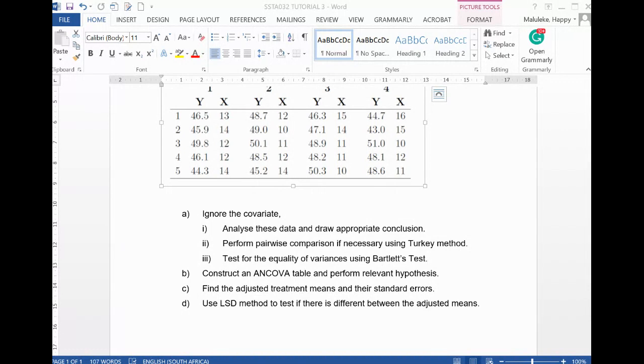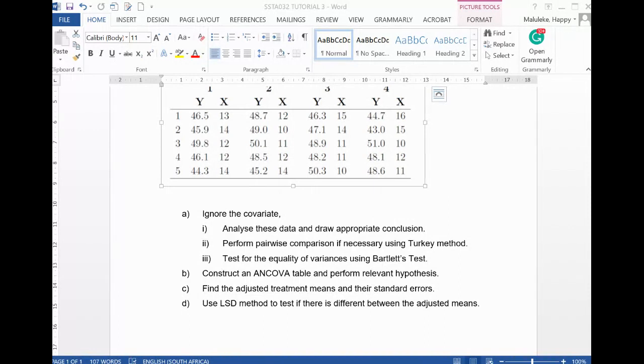Also, under the LSD, are we comparing the means of the yi minus, depending on what you're asking us? You are referring to which question, Mr. Smanga? Number D. Check D. It says use LSD method to test if there is a difference between the adjusted means.